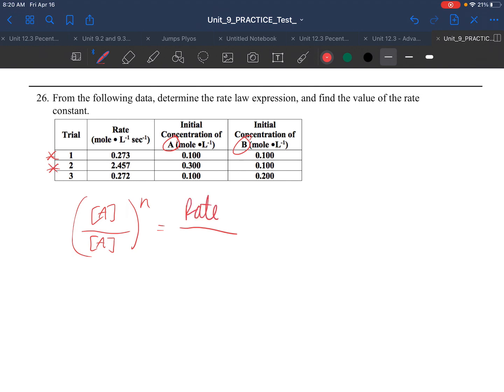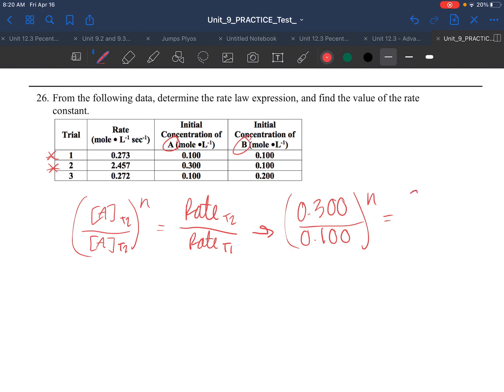So I am also going to put rate 2 over rate 1 because the concentration of A at trial 2 is bigger than trial 1. So if we plug in our numbers, we get 0.300 over 0.100 to some power of n is equal to 2.457 over 0.273.